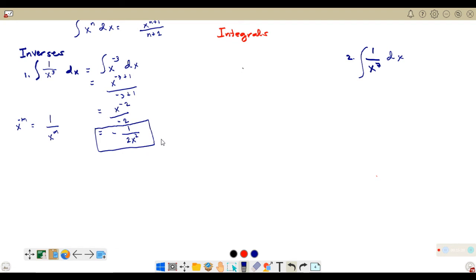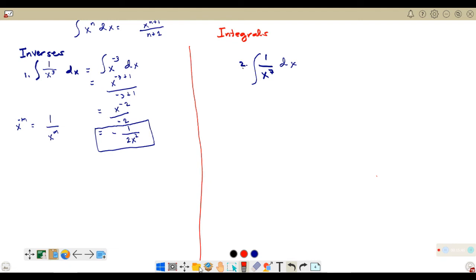This time, let's go to the other example. I'll just move it here so we can have more space. And then I'll write a partition here para hindi tayo nalilito. So, transform natin siya sa form na x raised to n. So, this is x raised to negative 7.